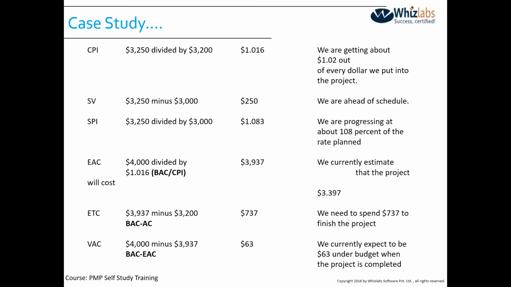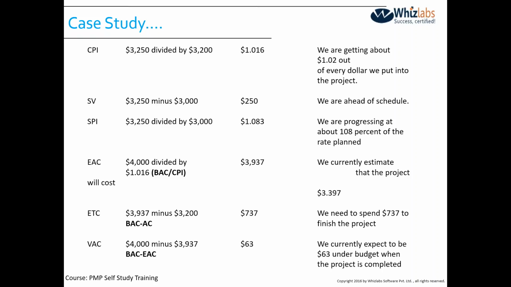When I am talking about CPI or SPI, anything more than 1 is good, anything less than 1 is bad. So for every dollar paid by the customer, he is getting 0.02 more. That is the meaning of CPI, okay, right?